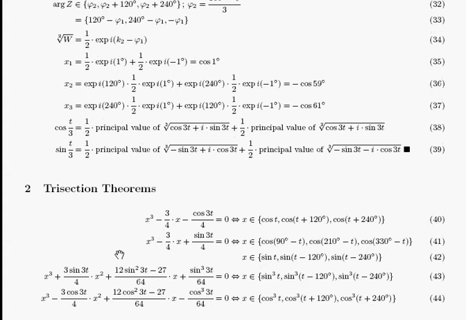Now what we're going to show is that the cube of sin of t, the cube of the sin of t minus 120, the cube of the sin of t minus 240 degrees also have a polynomial, which is derived by the Girard relations or Newton identities.